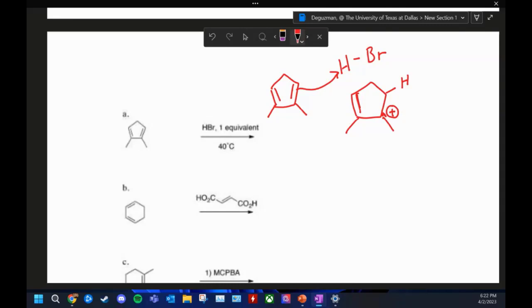Now remember, this is thermodynamic, so what do we do when it's thermodynamic? Do we just add the Br onto the carbocation, or do we try to resonate that positive charge? Yeah, resonate that.